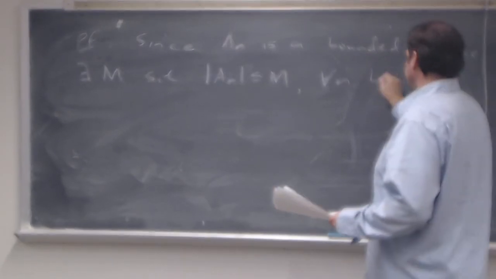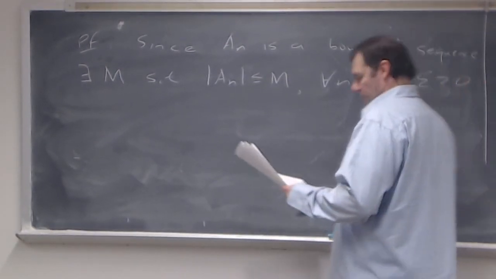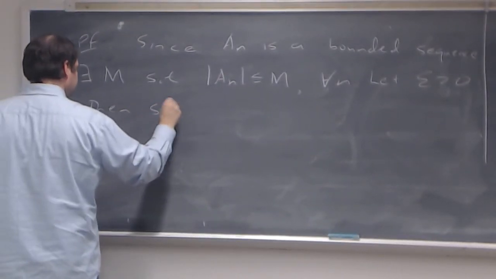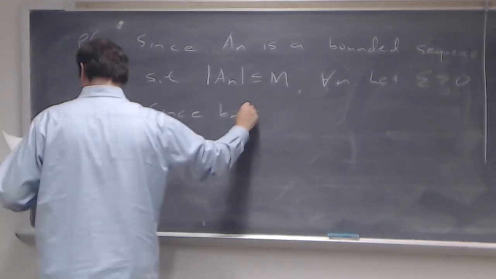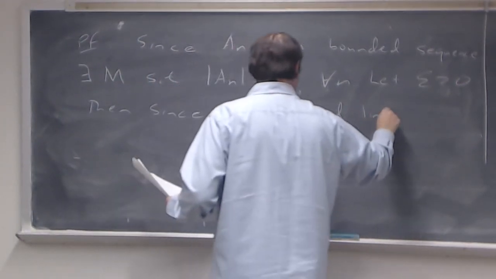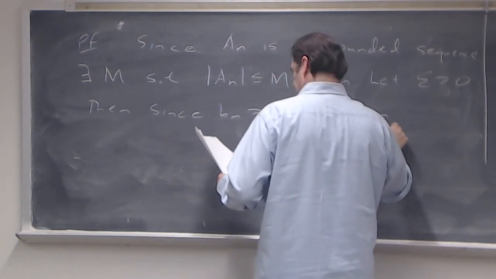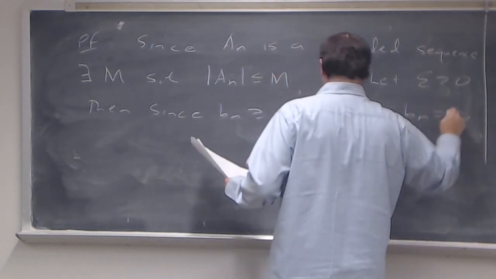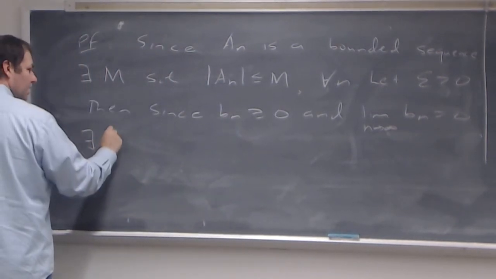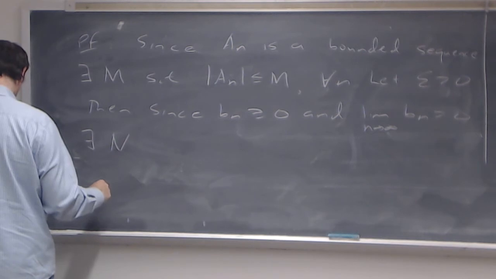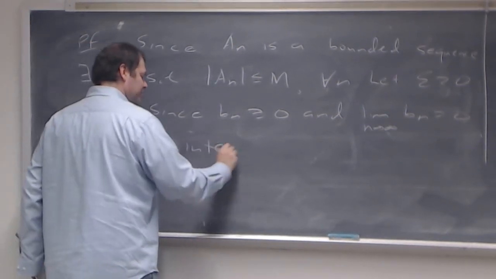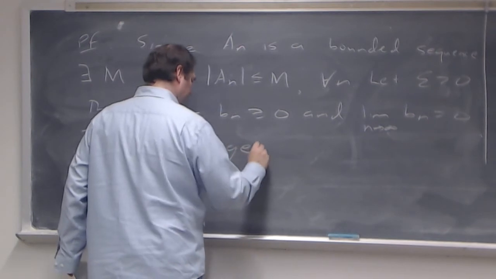So if we let epsilon be greater than 0, then since the b sub n's are greater than or equal to 0, and the limit as n goes to infinity of b sub n equals 0, there exists an integer, big N. It's really a natural number.